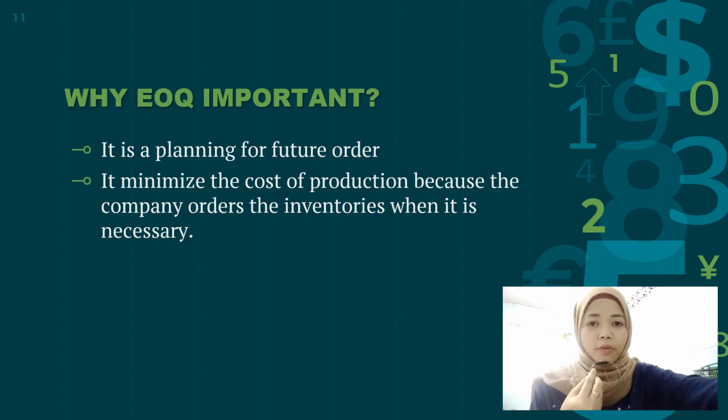And next is why economic order quantity is important. It is for planning for future orders, and second, it minimizes the cost of production because the company orders the inventory only when necessary.